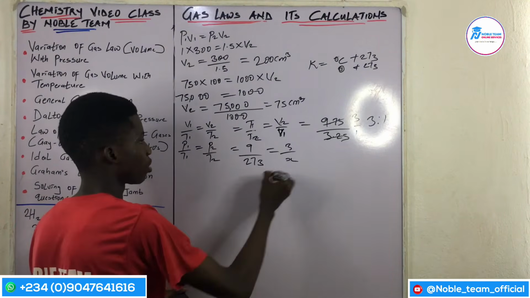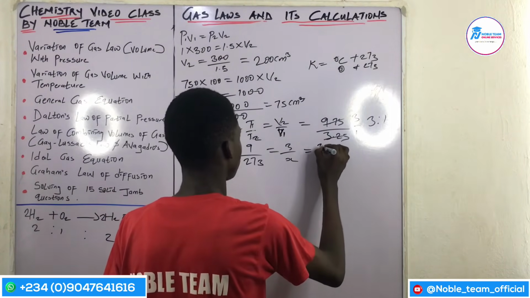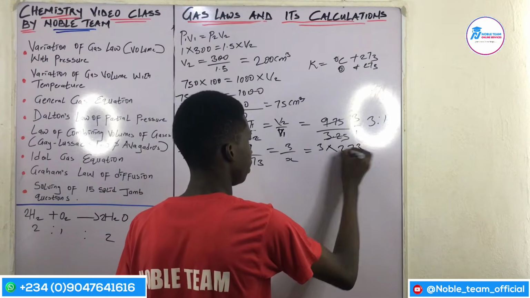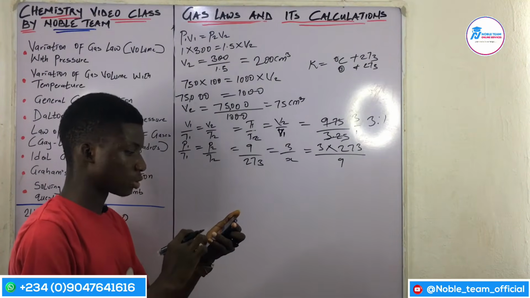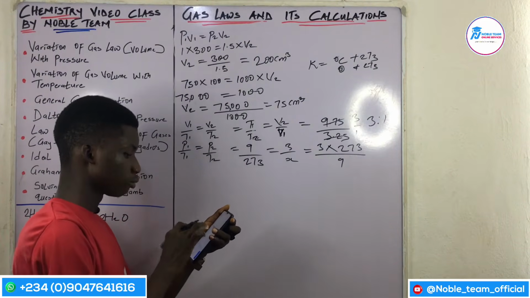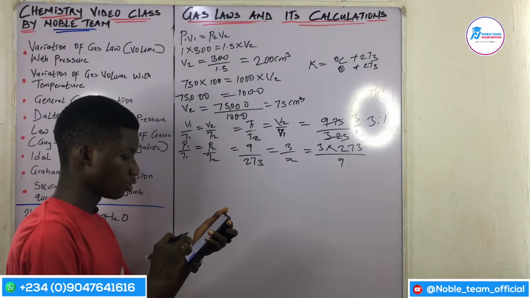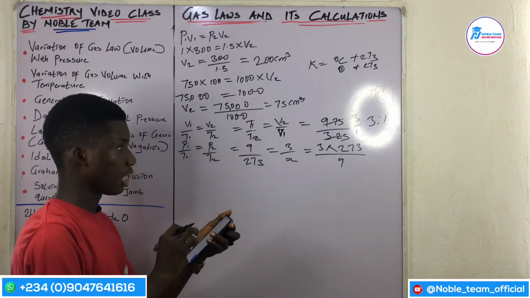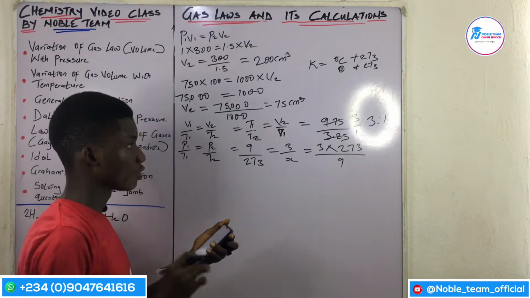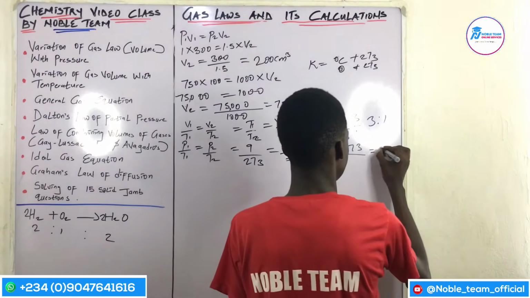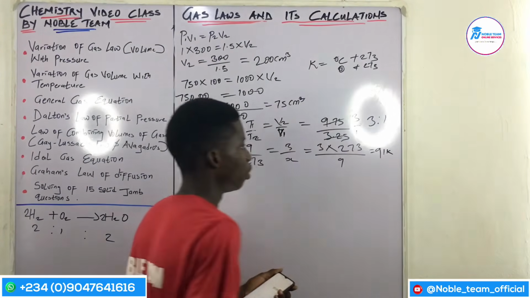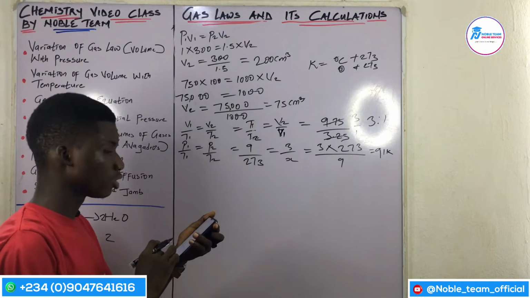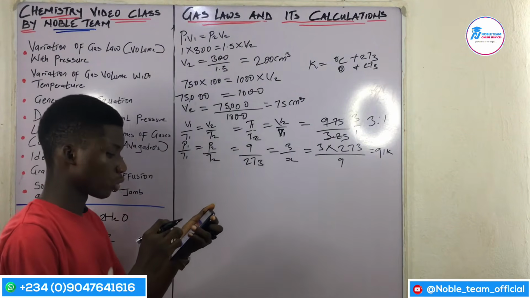Making this the subject of formula, I'll have 3 multiplied by 273 divided by 9. Let's punch our calculator to know the correct answer. We have 3 multiplied by 273, then divided by 9. So I have it to be 91 Kelvin.